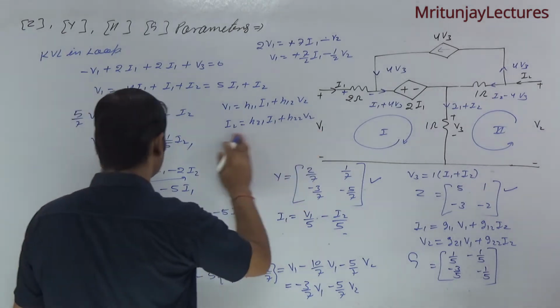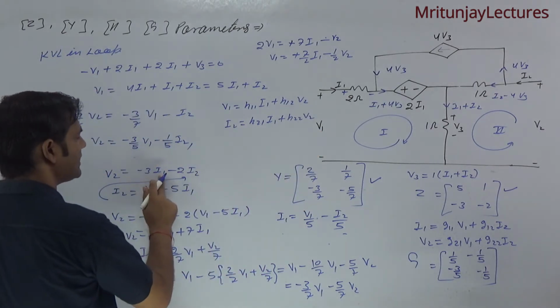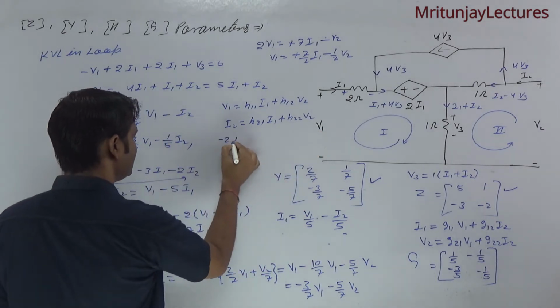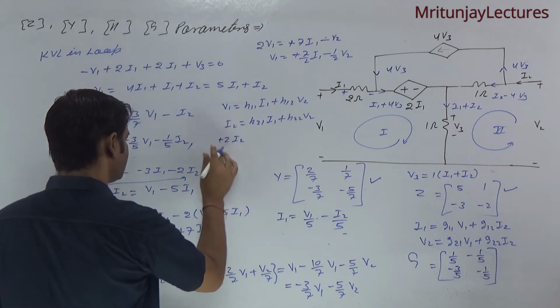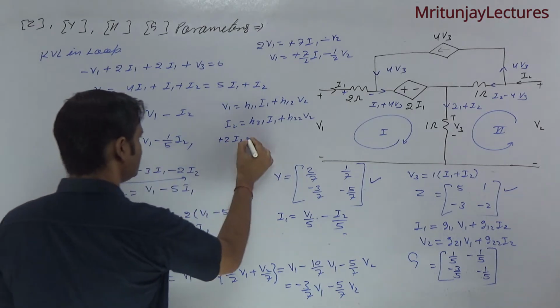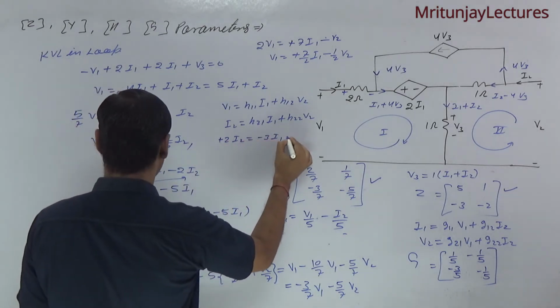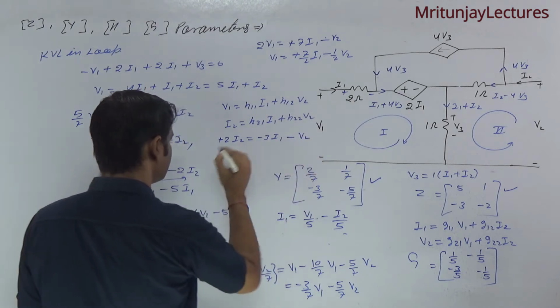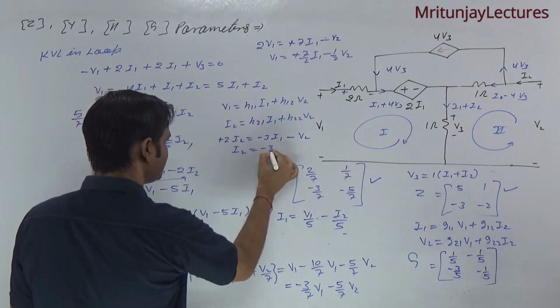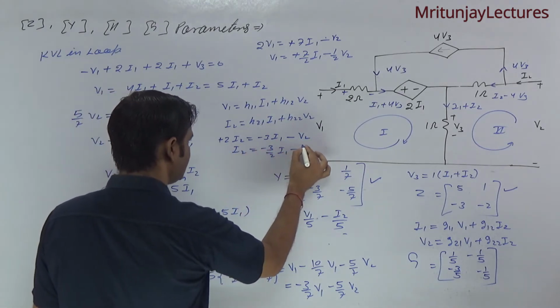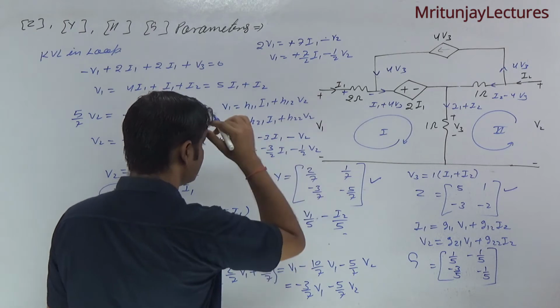So follow this one: minus 2I2 plus 2I2 will be equal to minus 3I1 minus V2. So I2 will be equal to minus 3 by 2 I1 minus 1 by 2 into V2. Okay.